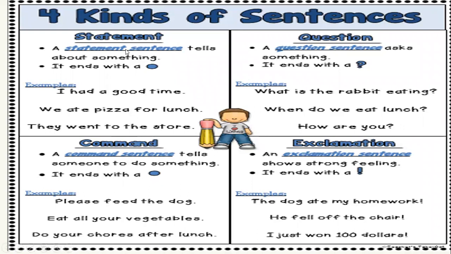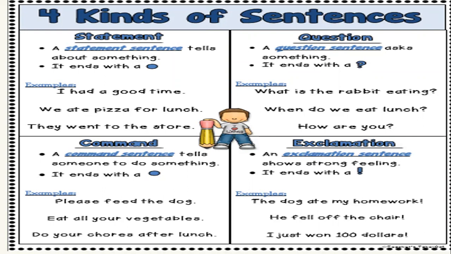So the difference is that this gives information, but this gives an order. The question or interrogative sentence asks a question, ends with a question mark, and mainly starts with a WH word.